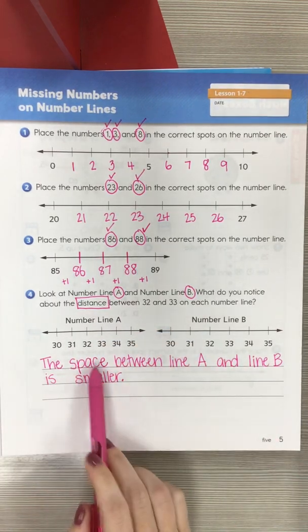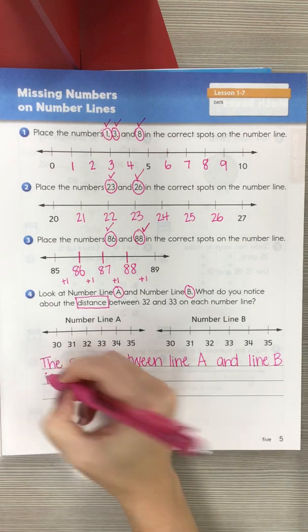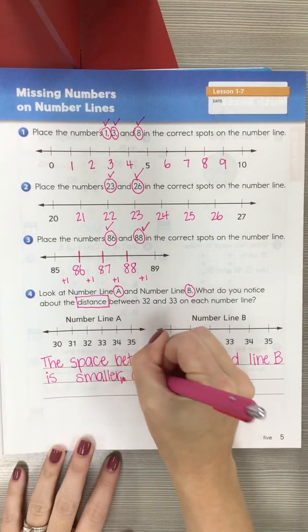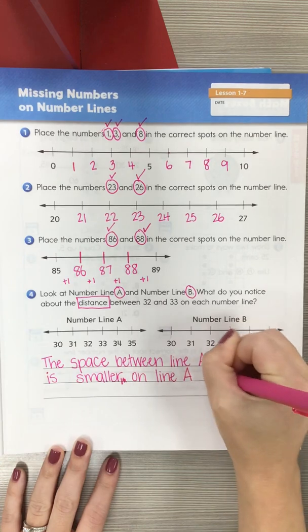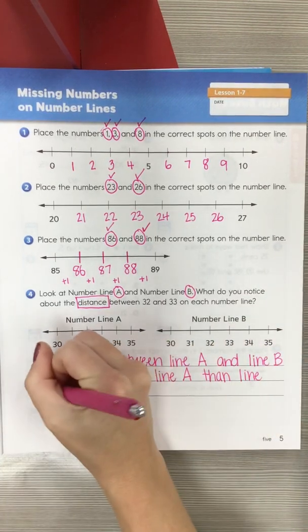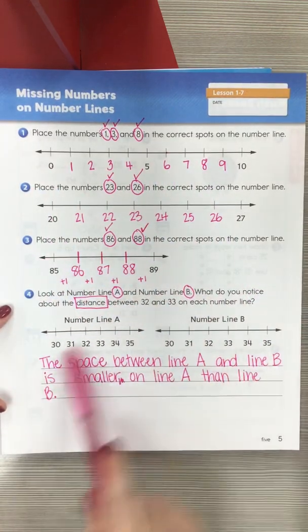Okay, so the space between line A and line B is smaller on line A than line B.